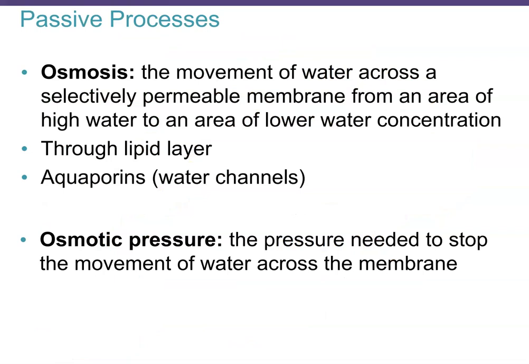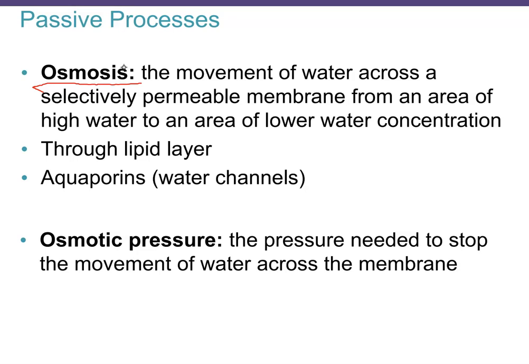A very important passive process is osmosis, which is by definition the water movement across a semi-permeable membrane down a concentration gradient. So we still need a concentration gradient for osmosis to happen. In this case, it is the concentration of water that matters. So water will move from the area of high to the area of low concentration and that is called osmosis.